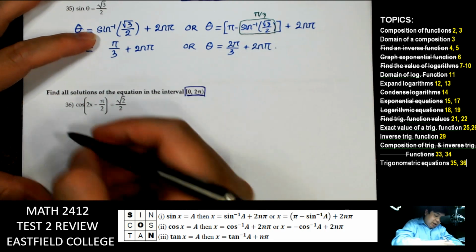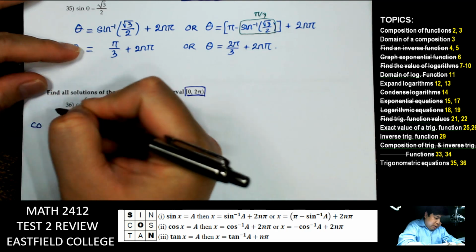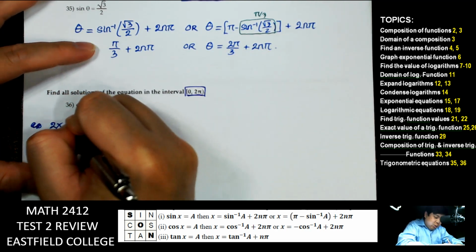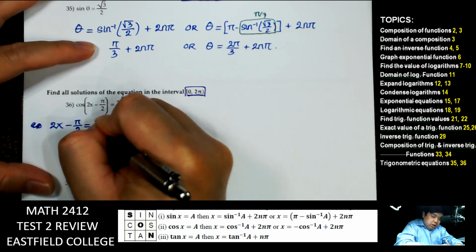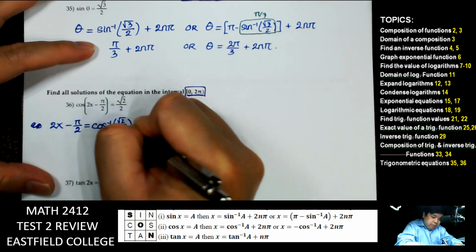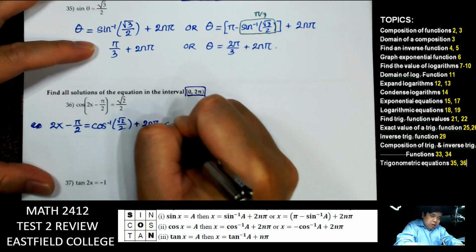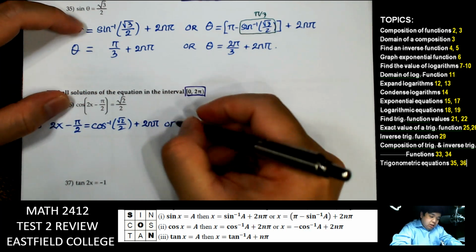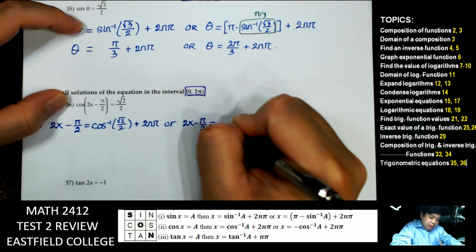Anyway, I have cosine, so the angle inside, 2x minus pi over 2, equals cosine inverse of square root 2 over 2 plus 2n pi. Now cosine, unlike sine, is opposite, so we're going to have the opposite of this as well.